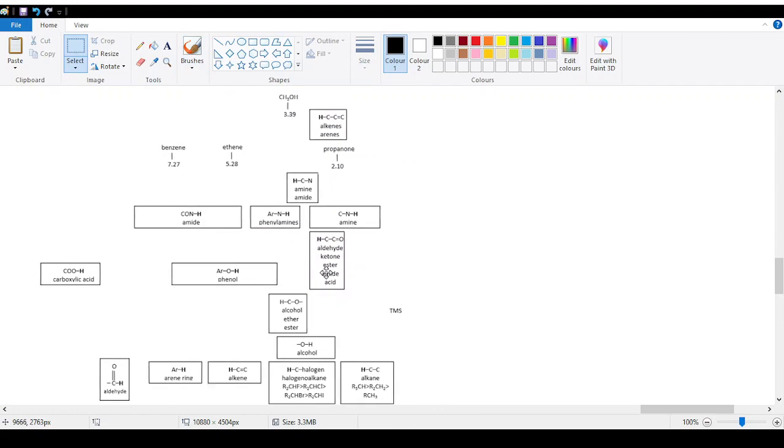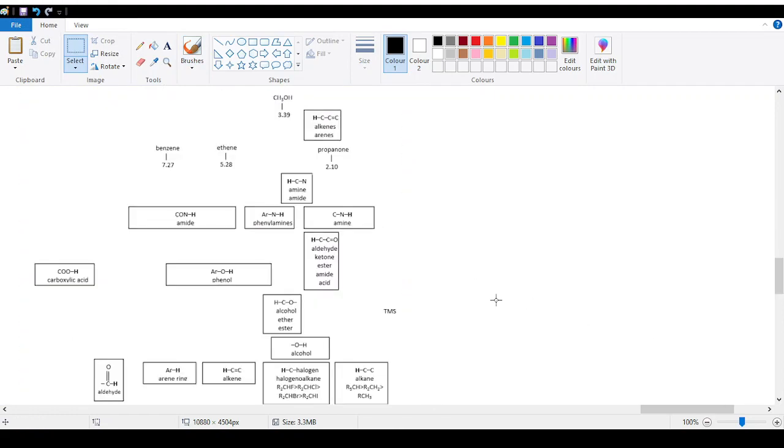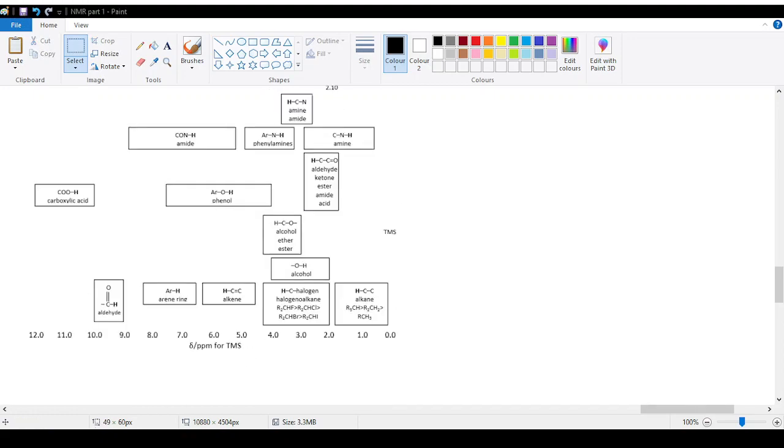Something like this we looked at the other day. These are all the different types of groups. We'll try to use this to figure out, for example, the NMR spectrum of an ester, let's say.